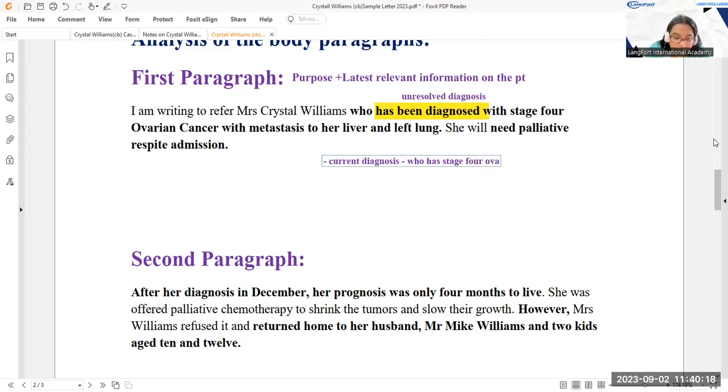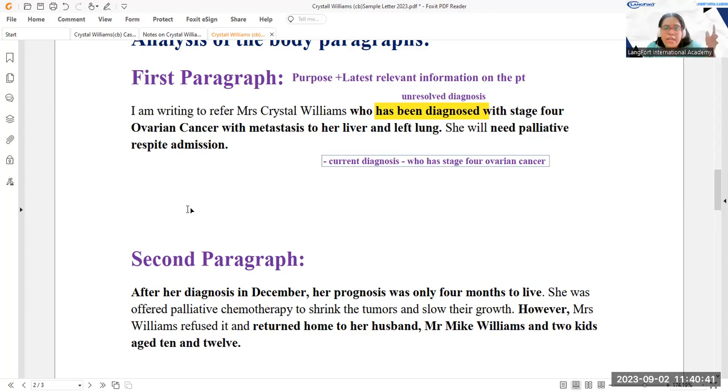Both are not wrong. It's up to you. Here I mentioned it as an unresolved diagnosis, that's why I use "has been diagnosed with". When your diagnosis is unresolved, if that's what you want to convey, then you can use "has been diagnosed with".